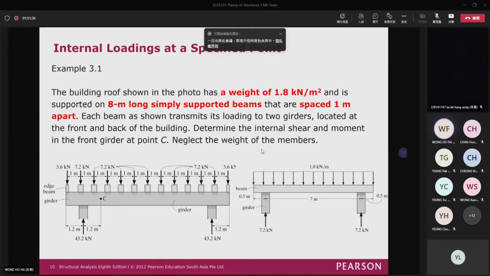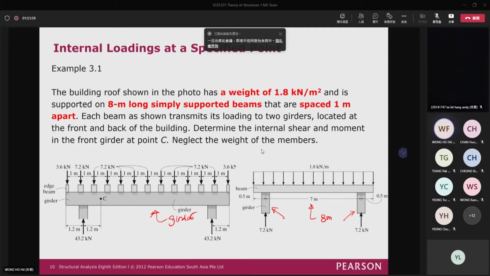You can see that the length of the beam here is 8 meters. They are in turn supported by the 2 girders on both sides, and this is the girder.